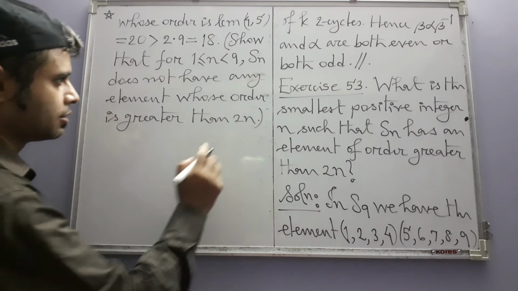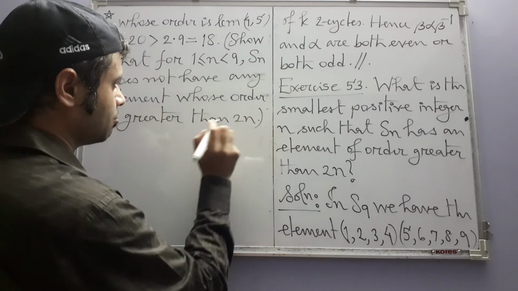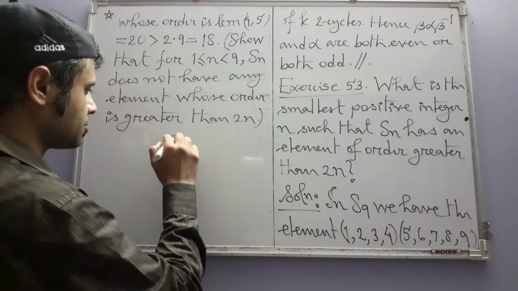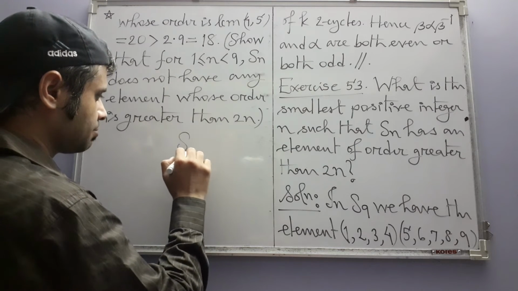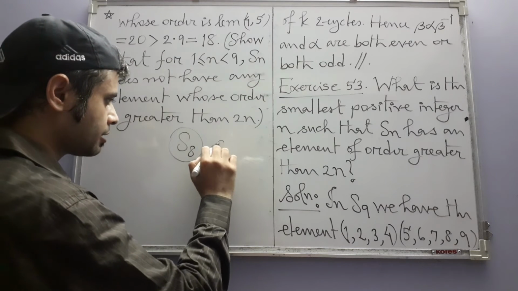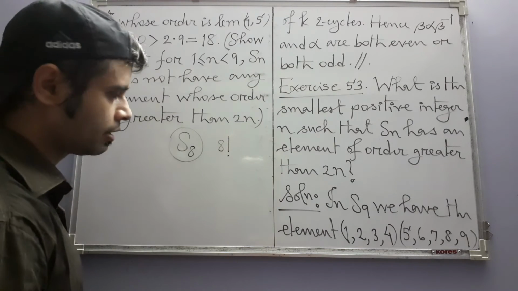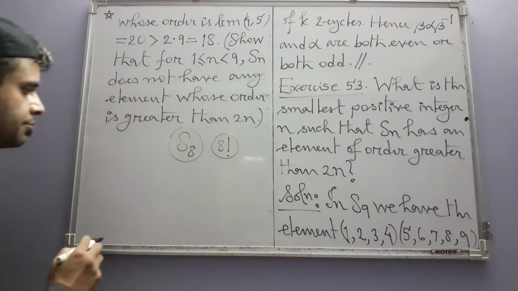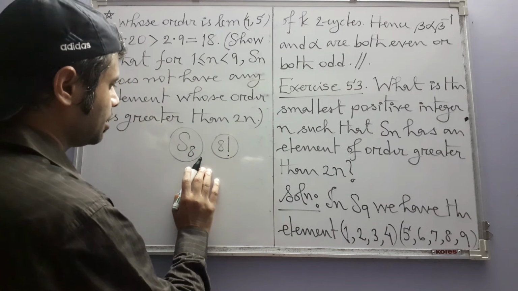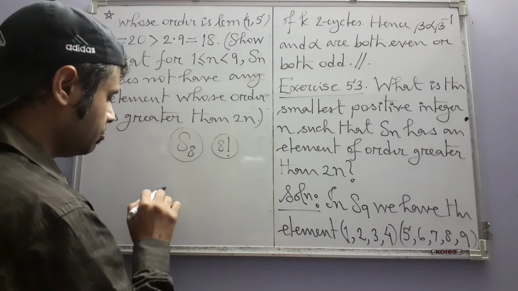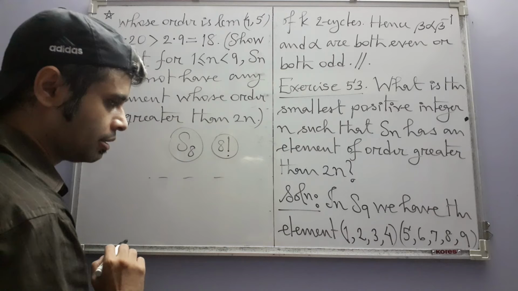Now if you are worrying about what do you mean by small, for example, S8 is not a joke. It has 8 factorial elements, which is an extremely large number, of course. But to calculate the order of an element, you don't actually have to find all the elements.